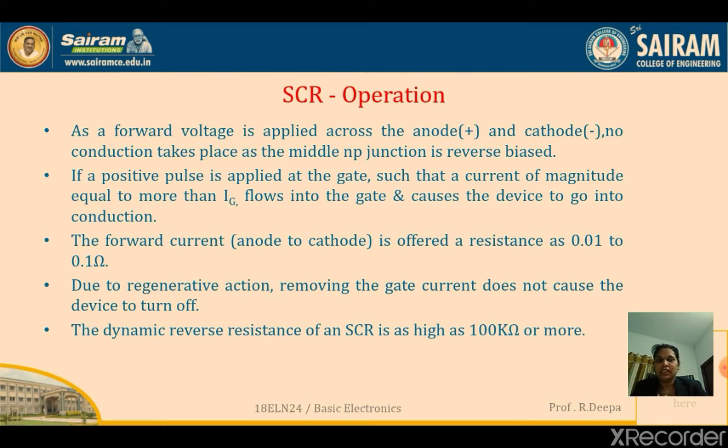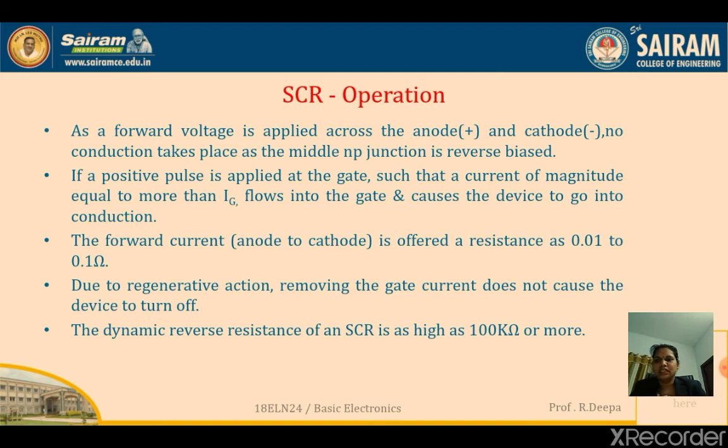Since the gate terminal is connected across the middle NP junction, it makes the junction break down so that a large number of majority carriers get generated, and this causes the SCR to conduct. The resistance offered during this forward current is very low, in the range of 0.01 to 0.1 ohms.